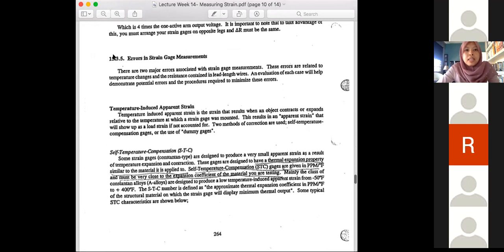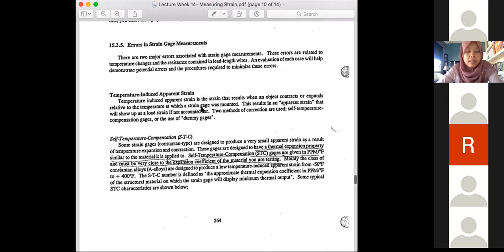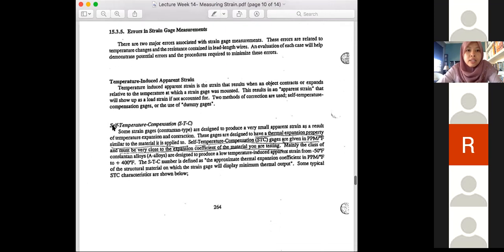Lepas tu, there is also a topic on errors in strain gauge measurement. I think we have covered before. Masa kita cover the class of Wheatstone bridge tu, we cover how we take care of the lead length effect. So there is another one here, which is self temperature compensation effect when we do strain gauge measurement.